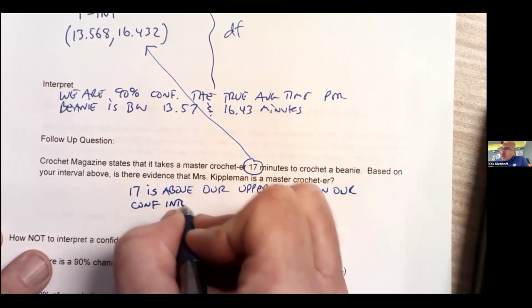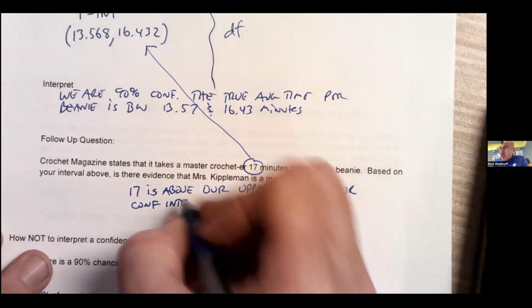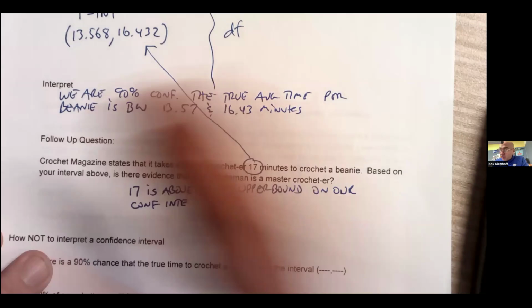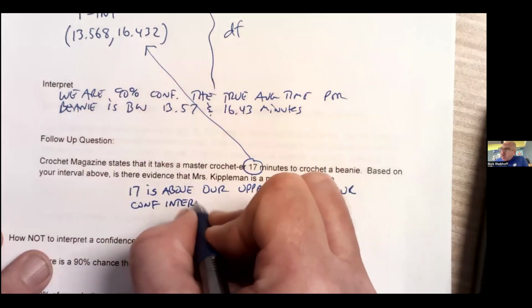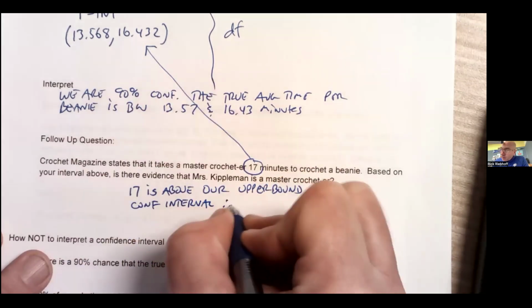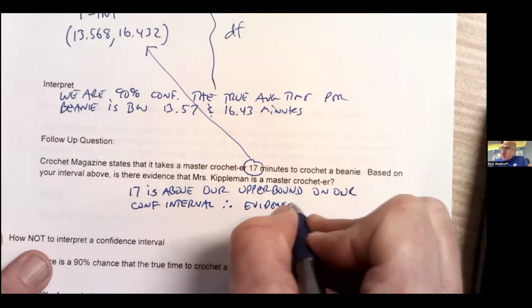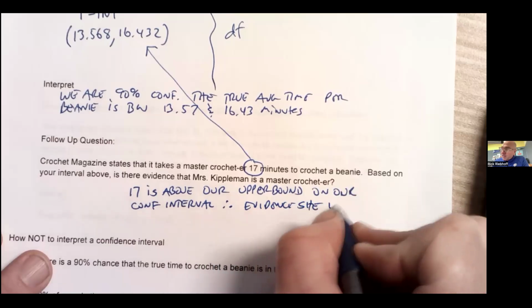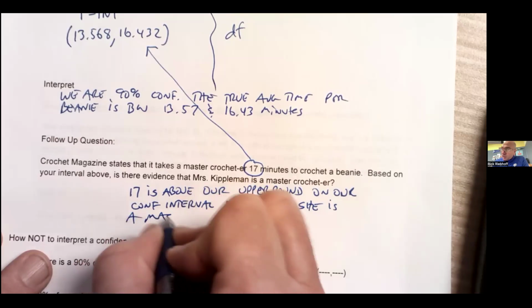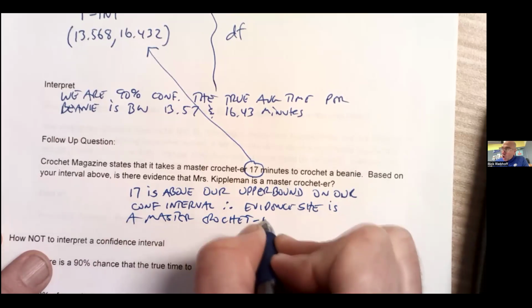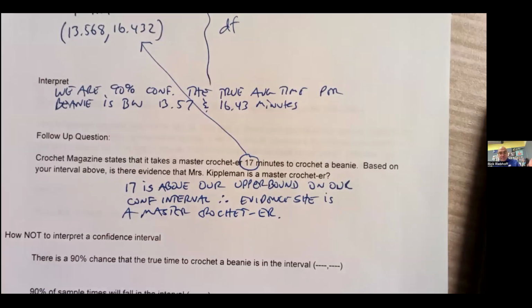I want to specifically talk about the confidence interval and the upper or lower bound, and is this in it, above it, or below? Therefore, there's evidence she is a master crocheter. Perfect. There we go. That's it. Simple, simple. Keep it simple.